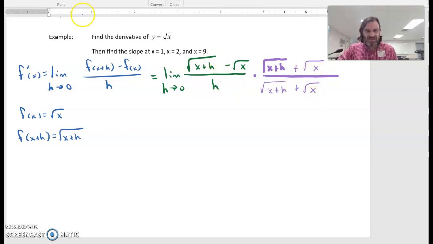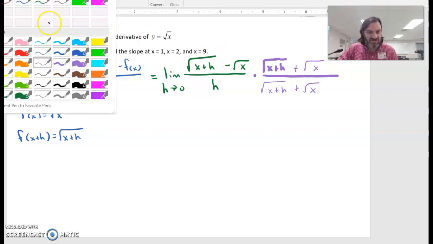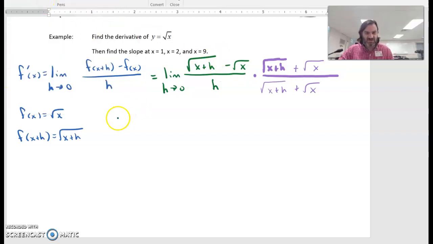So now we got to push through and make sure we feel good about this. So let's do the work. It'll be the limit as h approaches 0 of, we got to multiply out that numerator, which will be a FOIL. Square root of x plus h times square root of x plus h will be just x plus h because they're the same term.